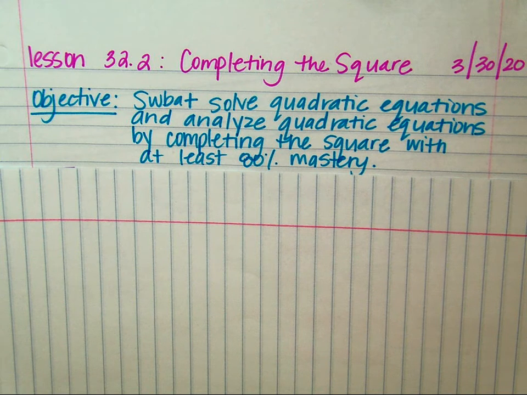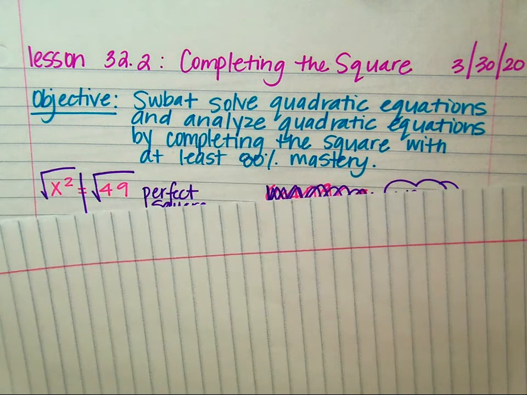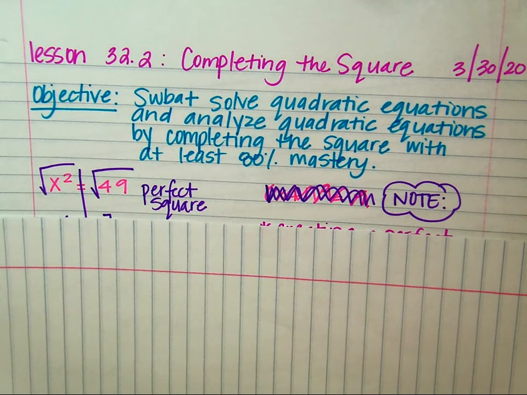Alright, so the first thing I want to look at is this right here to the left, where it says x squared equals 49. So I want you to know that this is what we call a perfect square. A perfect square is basically when you have a number that can be broken up by two numbers that are the same number.